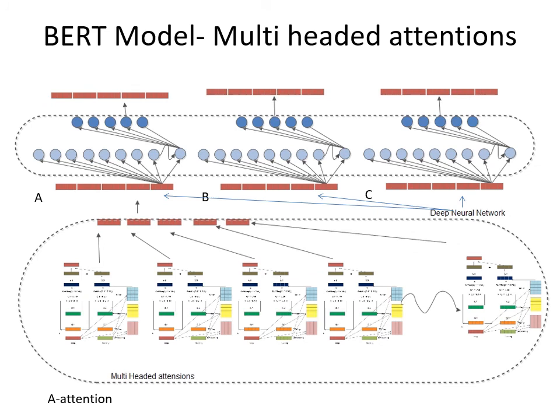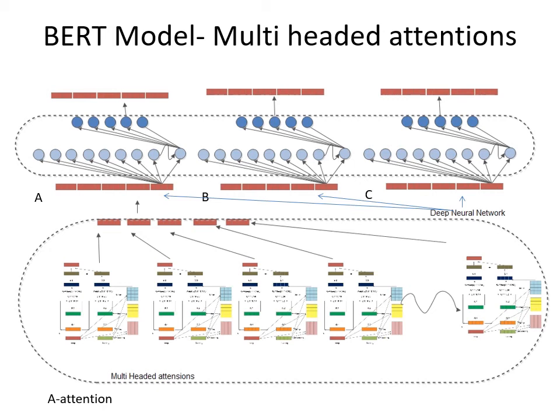As shown in this slide, BERT has multi-headed attention. Actually, it's 12. Previously, I discussed one attention. Likewise, 12 different attentions run in parallel for each word, and the output from each attention head is concatenated to generate the final embedding of the word before it is passed to the deep neural network.